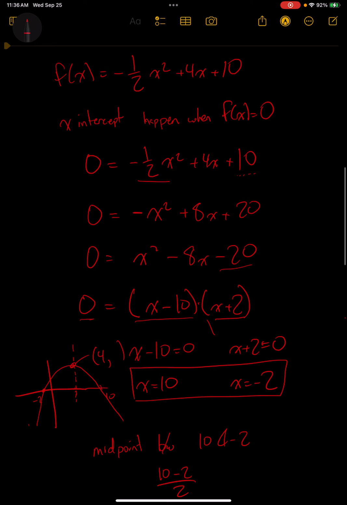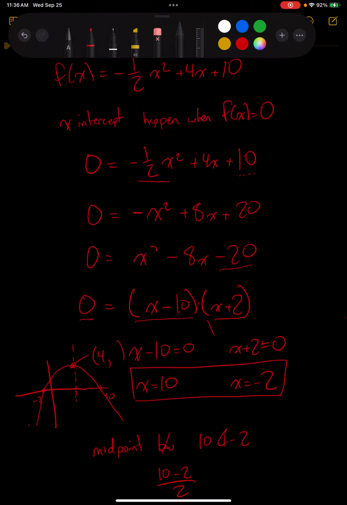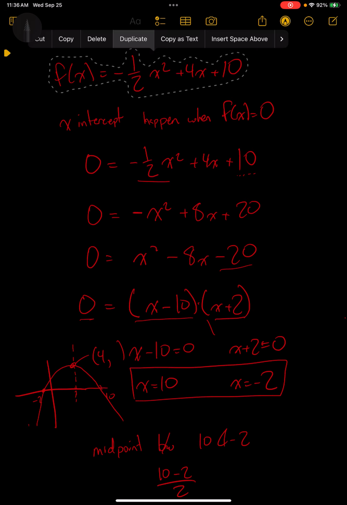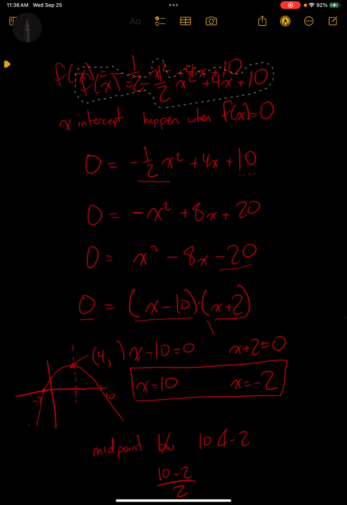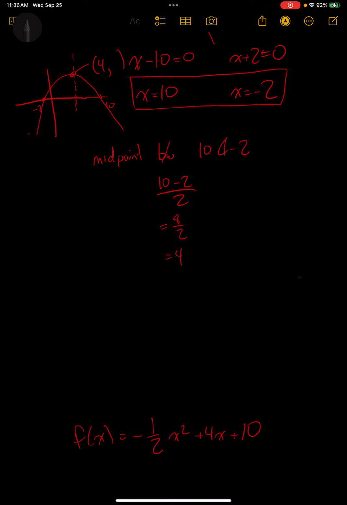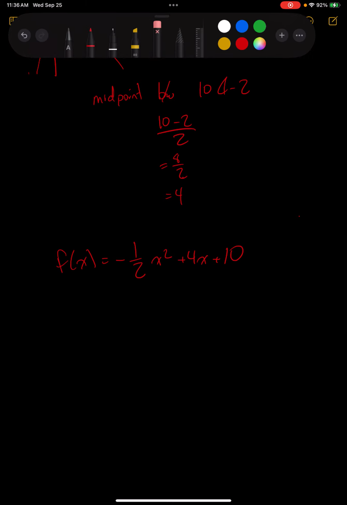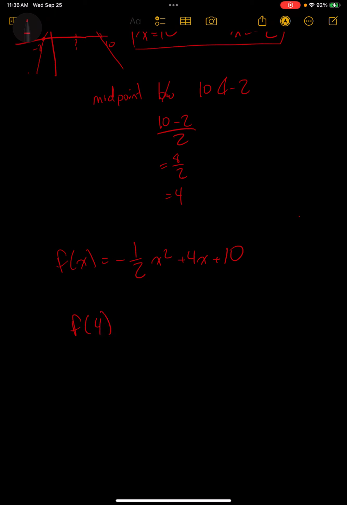The y value comes from substituting. I'm just going to copy this here, this is our original equation, and I'm going to duplicate it and move it down. Now I'm just going to find f at 4. That's equal to minus half times 4 squared plus 4 times 4 plus 10.